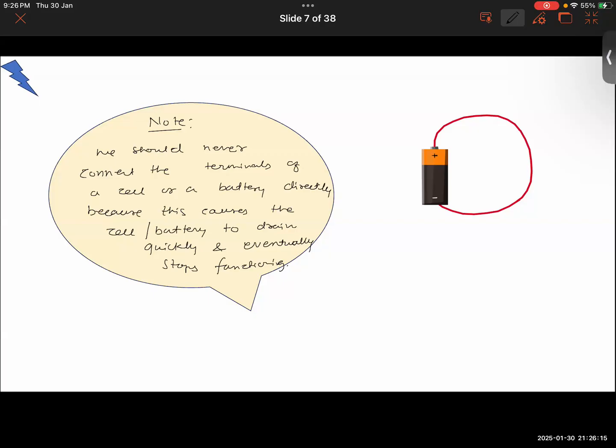Sir, cells are small in size. They are used in toys, torches, and other things.